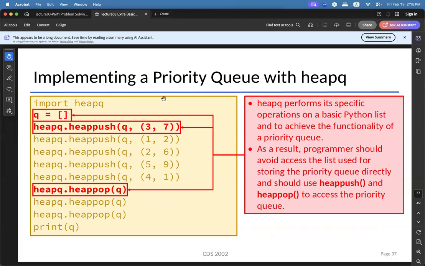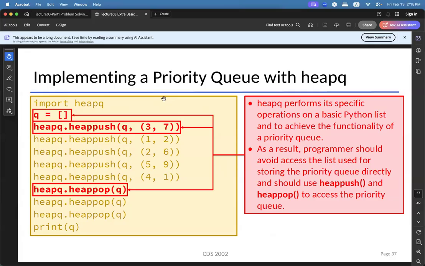So in the future, if you are working with other projects that require you to use a heap or priority queue, you can use this library to easily implement a priority queue. I believe that in some situations you will need to use it, so you can take a note on it. This is already included in the extra basic data structure notes, so you can refer to it.